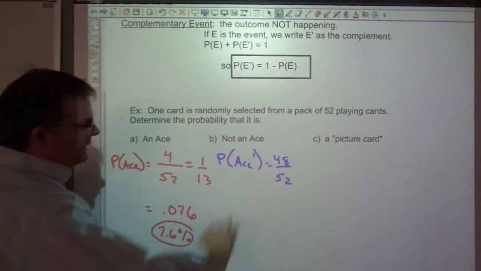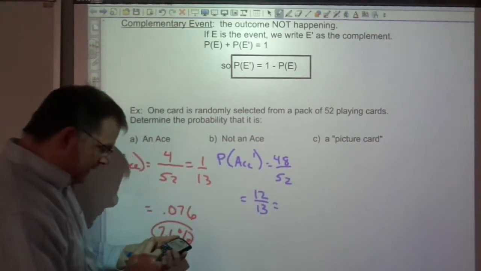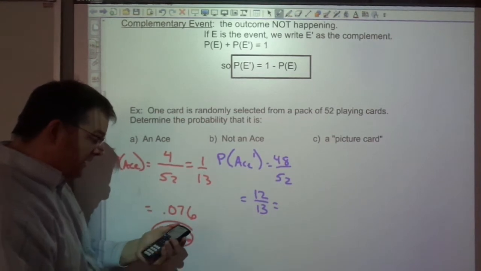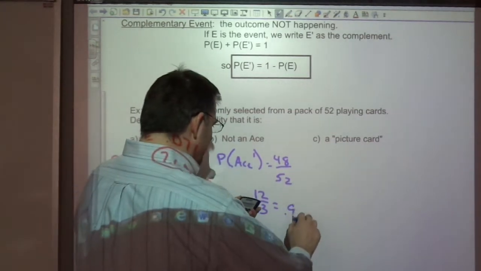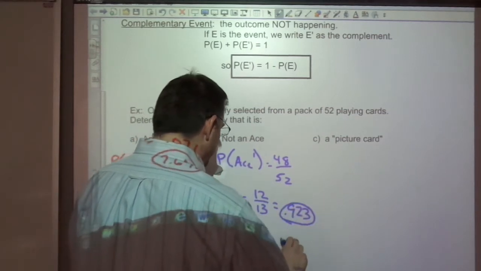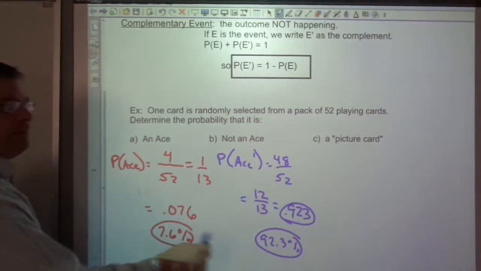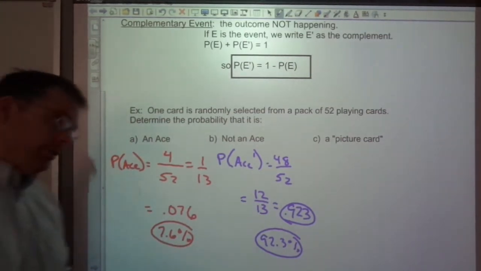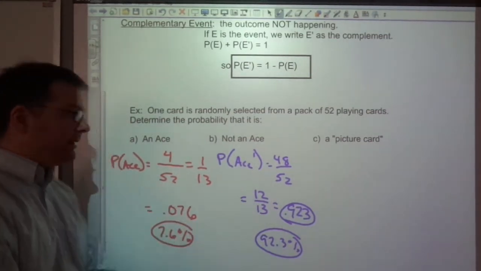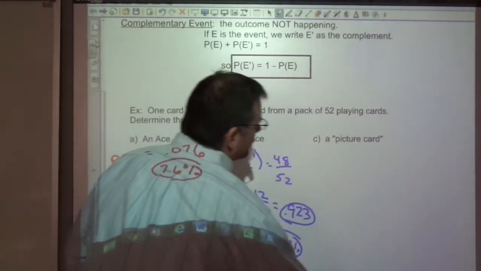We could reduce this to be 12/13, which is, as a decimal, 12 divided by 13, 0.923, or 92.3%. So these should add up to be 100%. All the cards that are aces and all the cards that are not aces should add up to be 100%, all the cards.